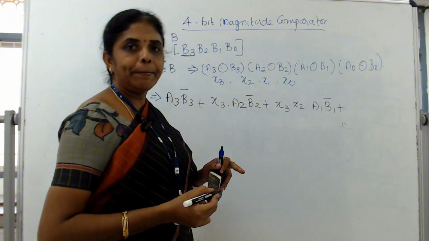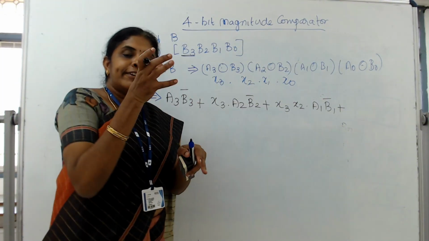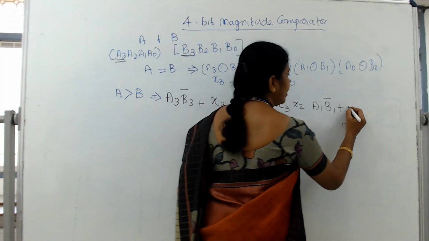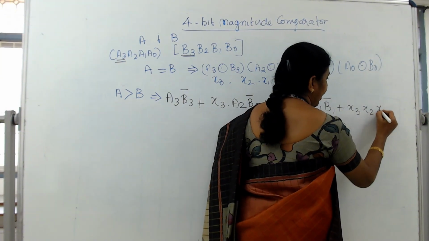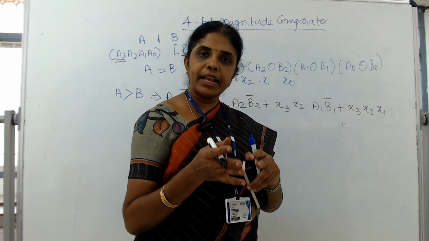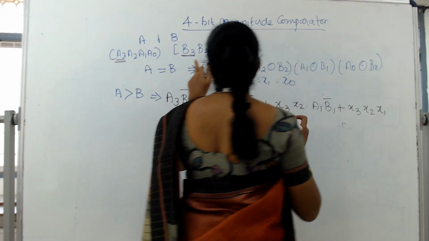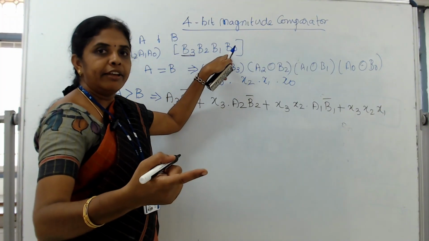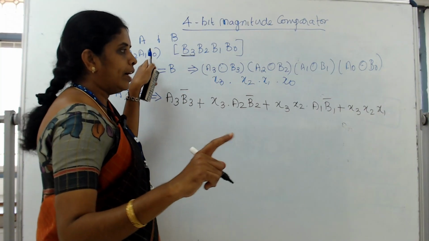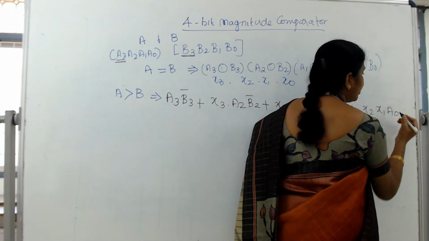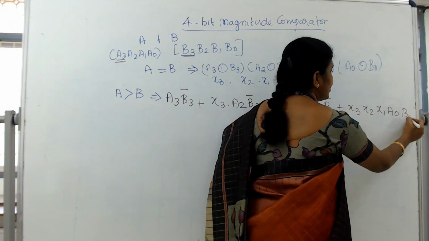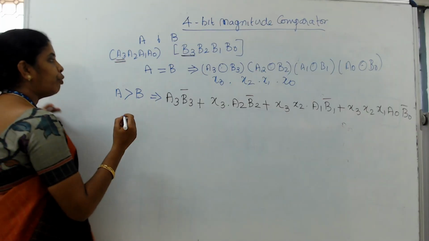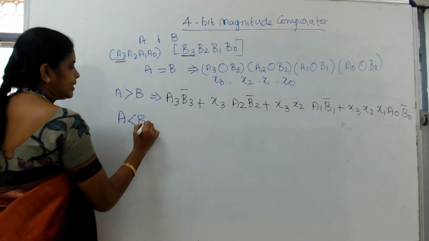And finally, let us consider the first three bits of A equal to the first three bits of B. So I can write x3, x2, x1 because the first three bits are equal. Then the last bit of A should be greater than the last bit of B, which means that A0 is 1, the true value, and B0 is 0.